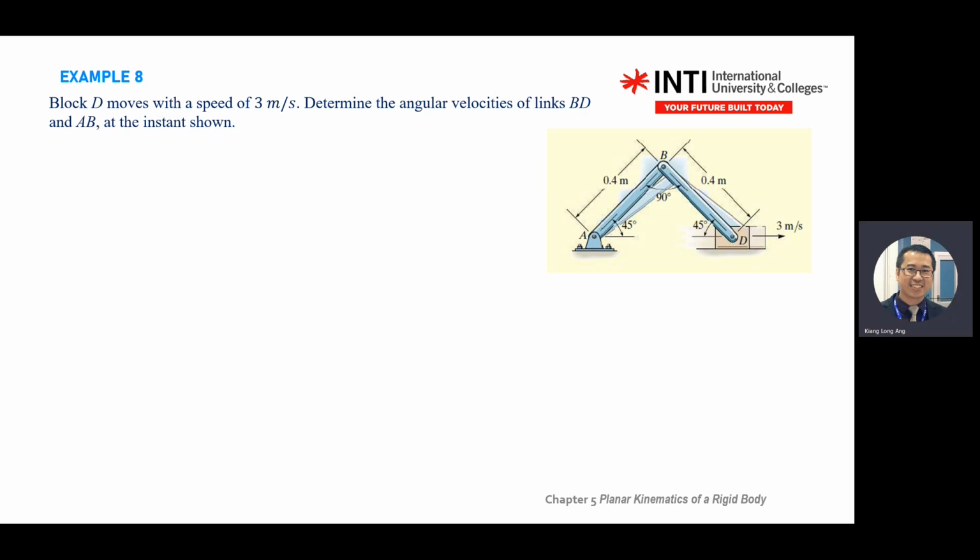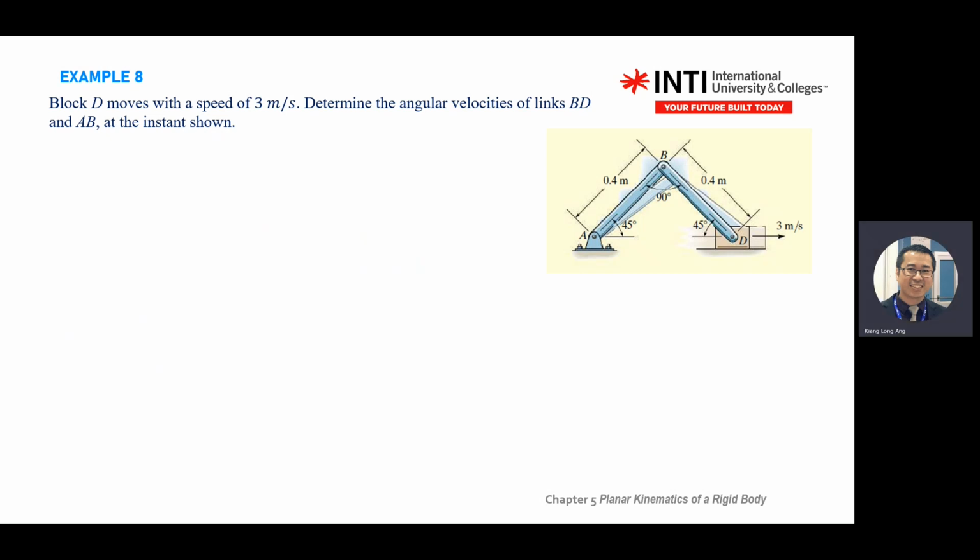The angle was given 45, 45, 90, so actually you get a right-angled triangle. Dimension and velocity were given. So block D moves at a certain speed; determine the angular velocity of link BD and link AB at that instant shown.